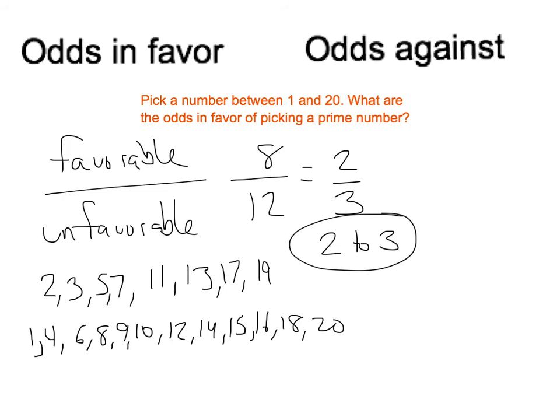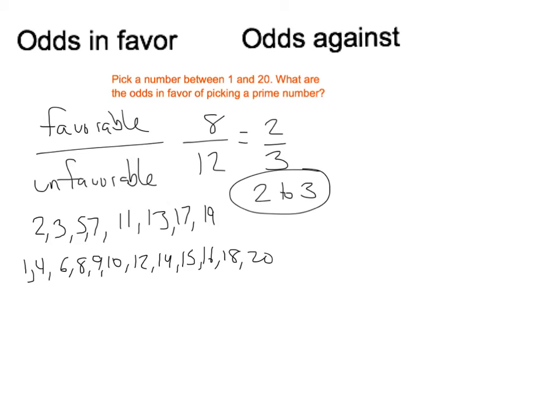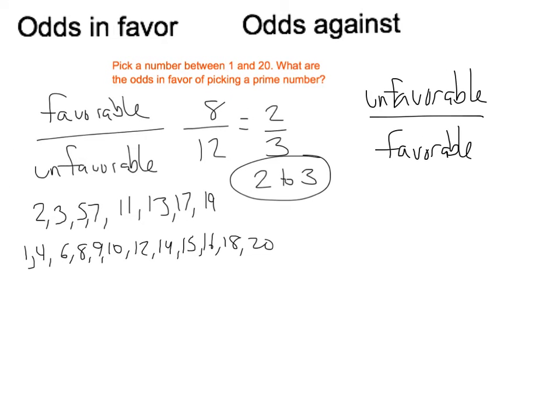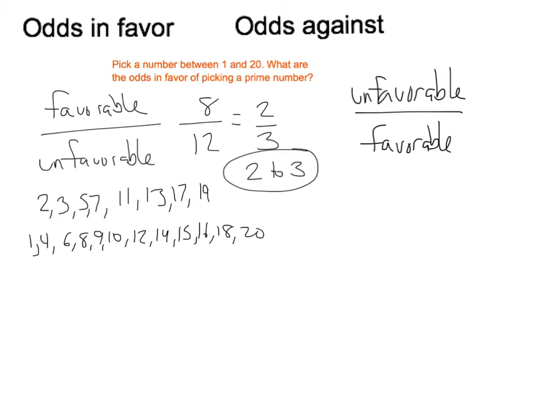So what are the odds against? Well, the odds against in this situation, or really in any situation, would be unfavorable on top over favorable. Okay, so using the same situation, let's think about unfavorable outcomes. Well, I want to pick a number that's prime between 1 and 20.